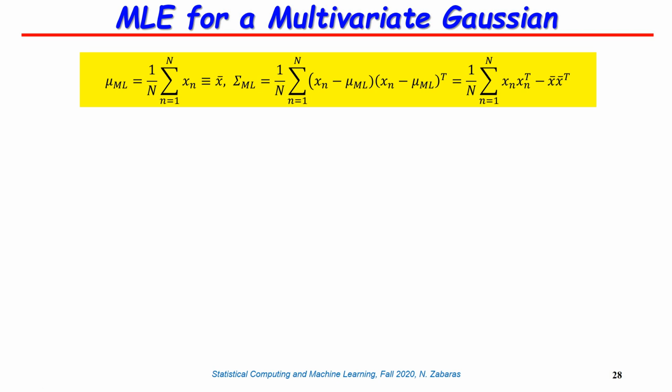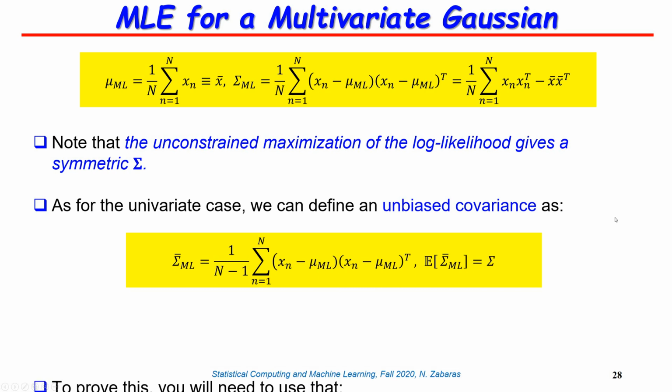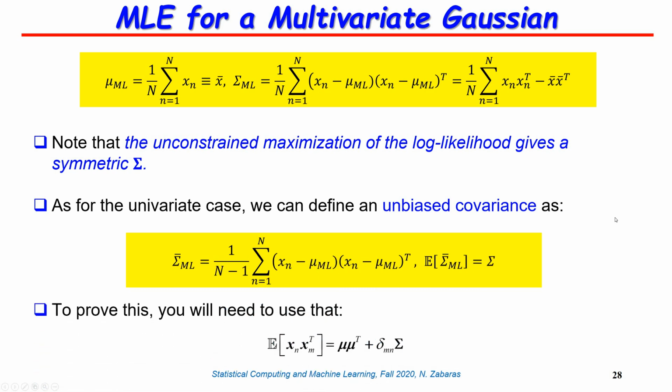So you can repeat the calculations we did for the univariate Gaussian when it comes to the unbiased and biased nature of the mean estimator and the covariance. And the only things you will need, similarly to the univariate case, are the following two formulas. Actually, I put both cases here as one formula. If m is not equal to n, this term is 0. So E of xn xm transpose becomes E of xn times E of xm transpose, so it's mu mu transpose.